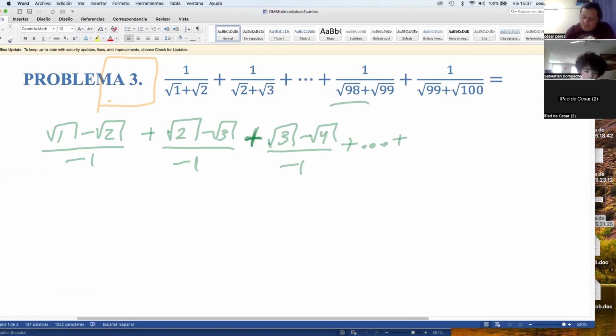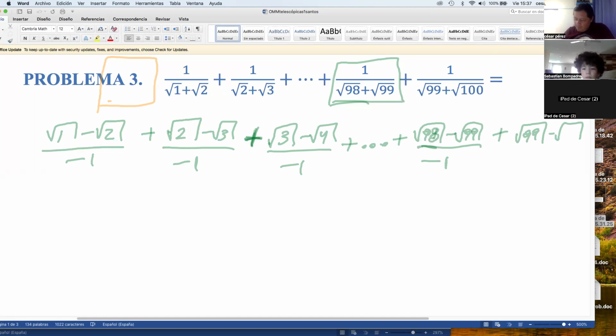What we will get here: the square root of 98 plus square root of 99 over -1. Here we will get -1. And we have a common denominator.